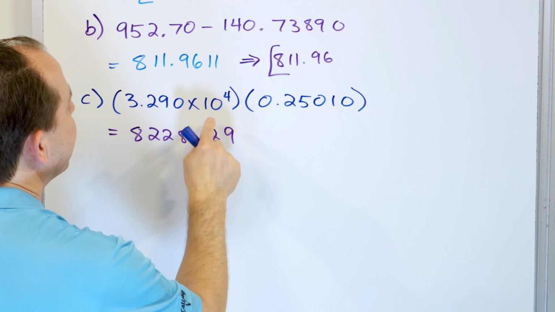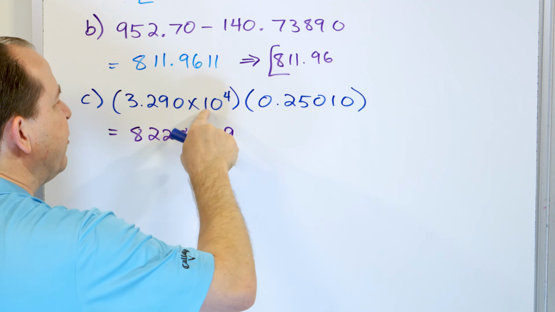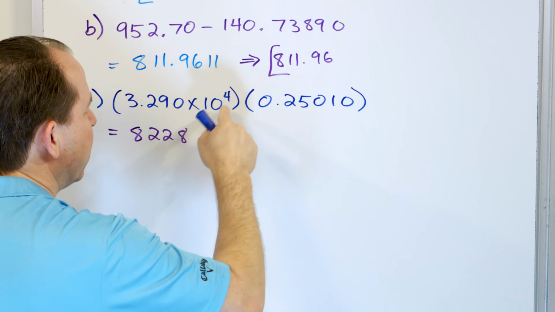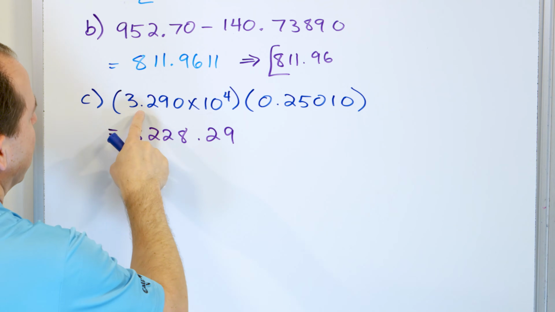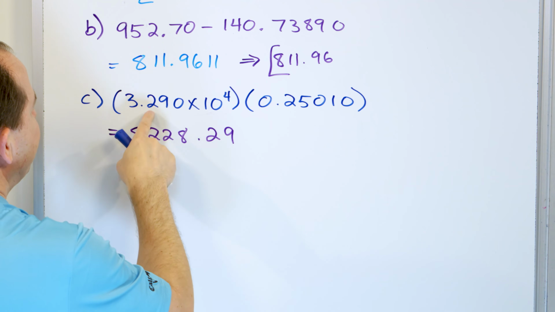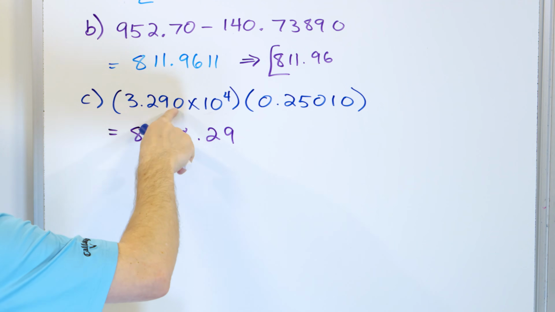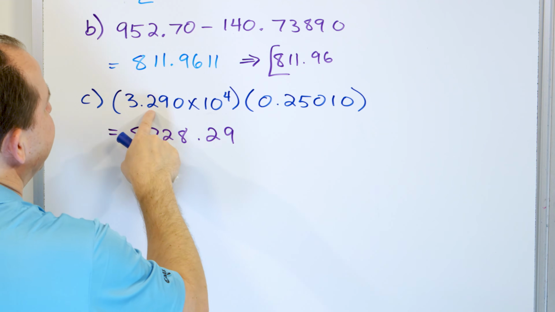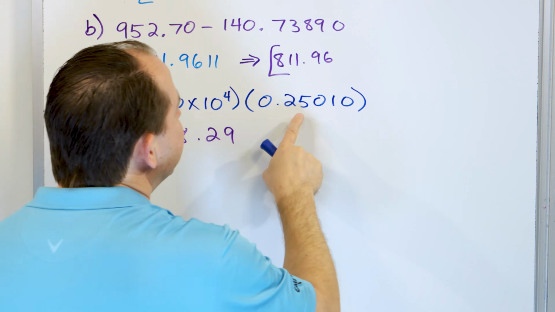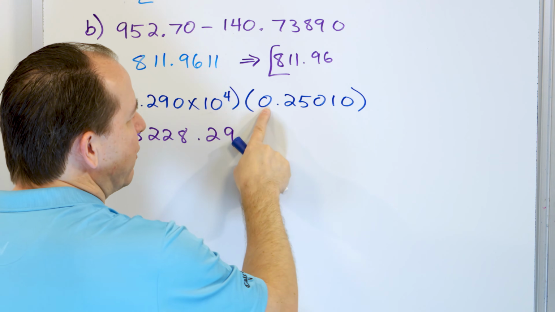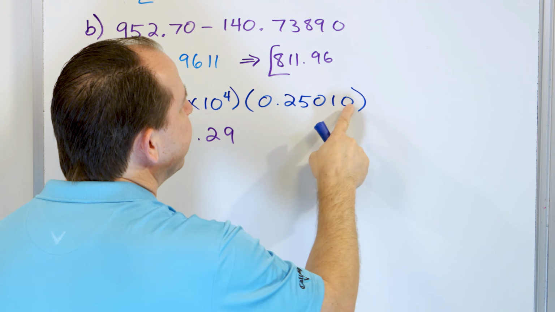Now, how many significant figures do we round to? In this number, remember, for the scientific notation, we don't count the 10 to the whatever as significant. That doesn't count at all. So the number of significant figures is 1, 2, 3, 4. This 0 counts as significant because it is a trailing 0 after a decimal. So there's 4 significant figures here. In this number, leading zeros don't count, so we have 1, 2, 3, 4, 5.